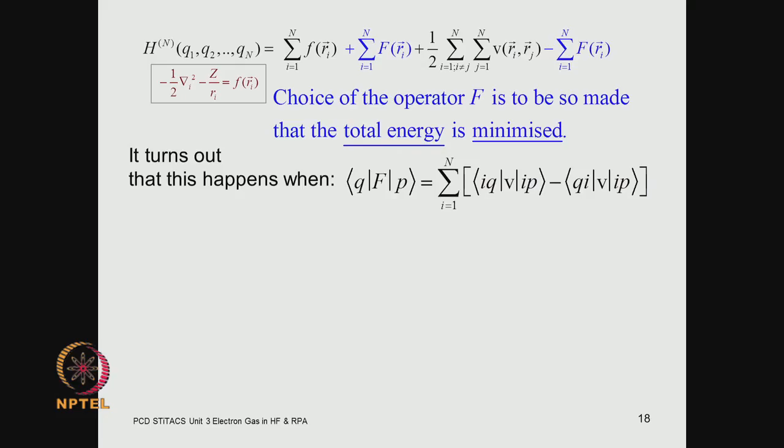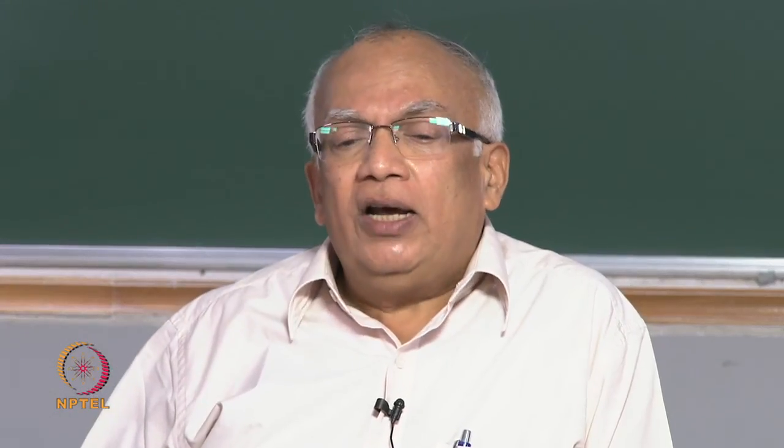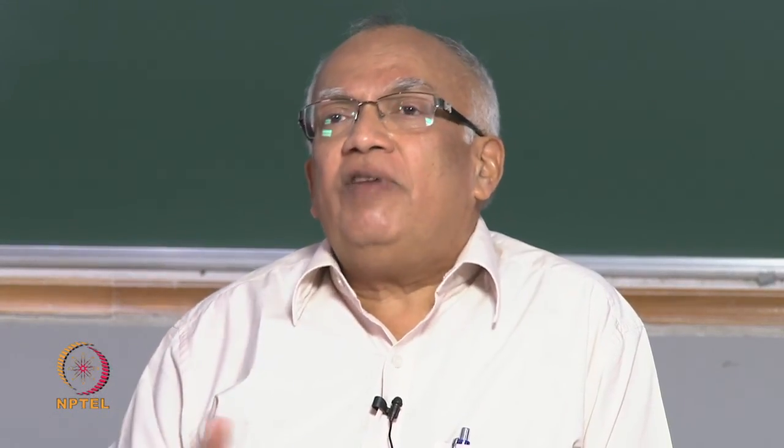Now, this prescription of choosing F, that the matrix element of F in Q and P is given by this difference of Coulomb and exchange integrals summed over i from 1 through n, is completely equivalent, because concurrently it gives you the best wave function.